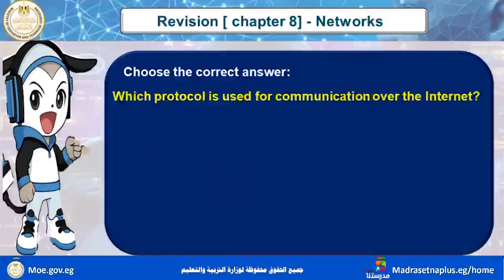Which protocol is used for communication over internet? HDMI, USB, TCP/IP, and Vega. Used for communication over internet is the TCP/IP.